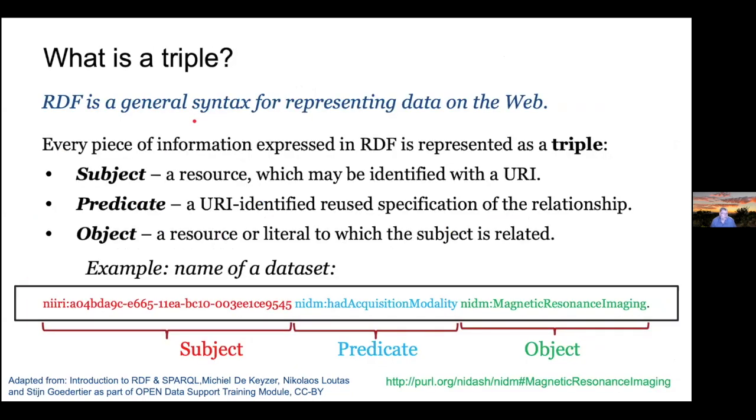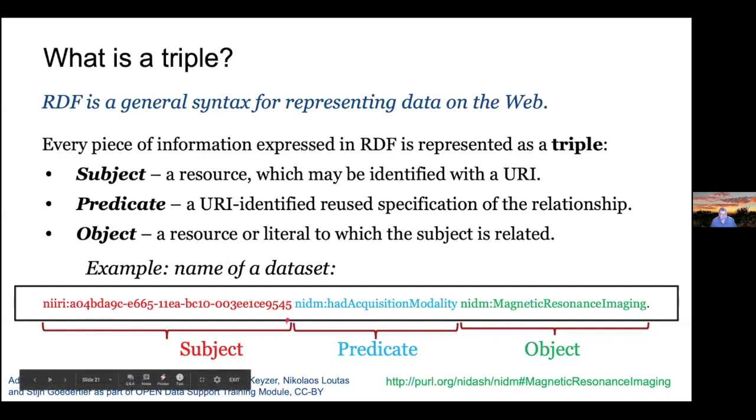And basically, RDF, the data model itself, is very simplistic in that it's a syntax that revolves around what's called a triple. So you have a subject, a predicate, and an object, and that is what is used to define your data. For example, here is an example from an NIDM file.